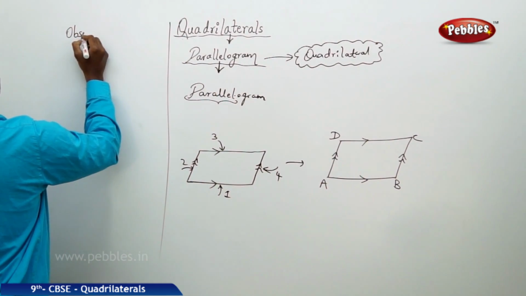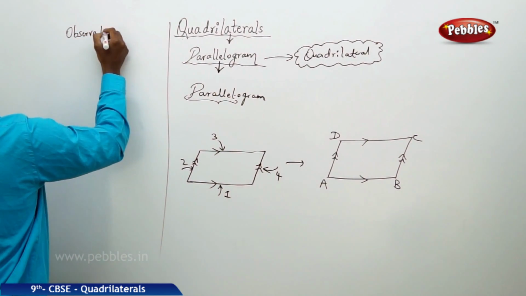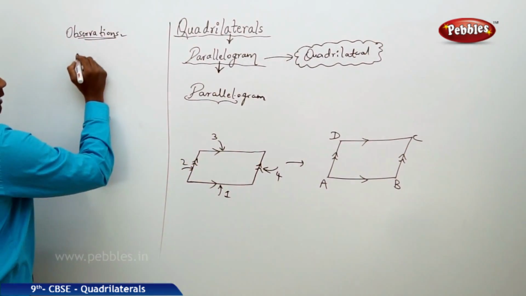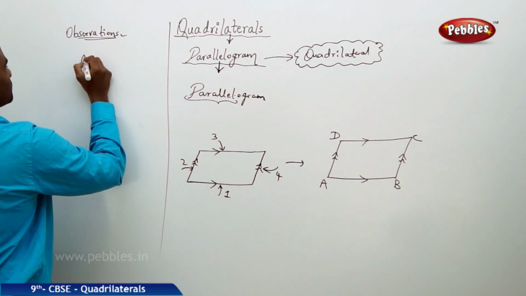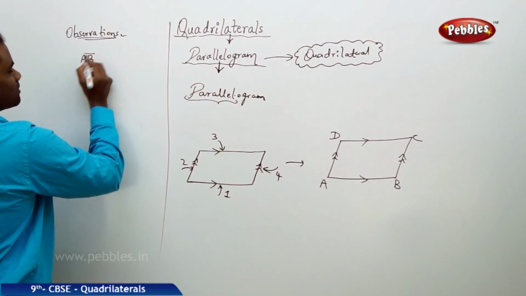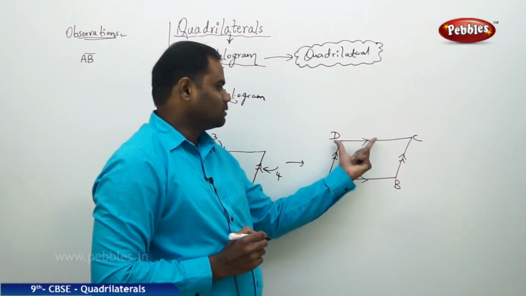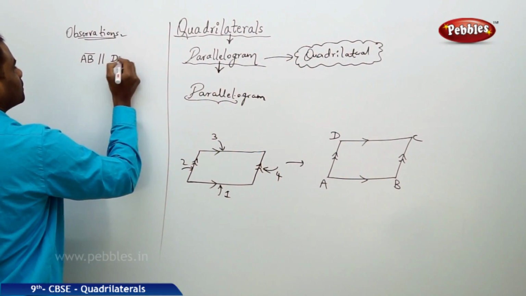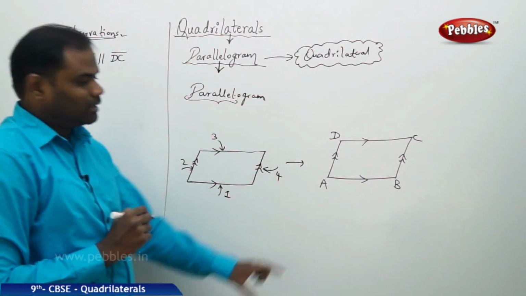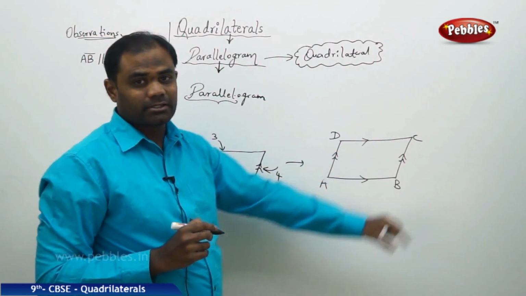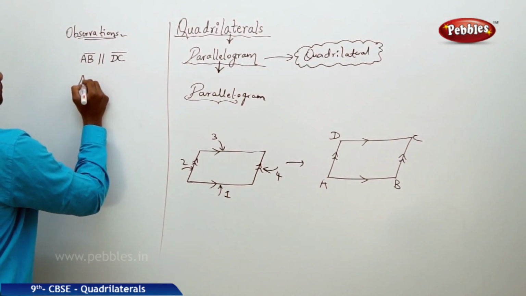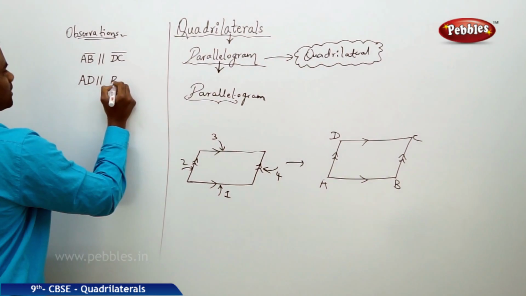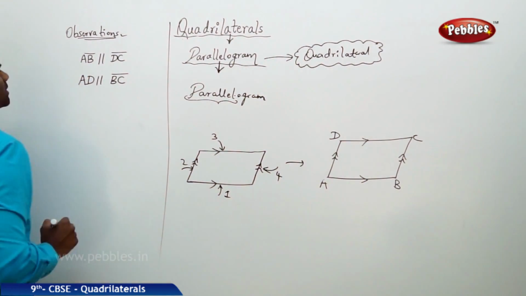Observations I make here are that in quadrilateral ABCD, my line segment AB is parallel to line segment DC, and my line segment AD is parallel to line segment BC.